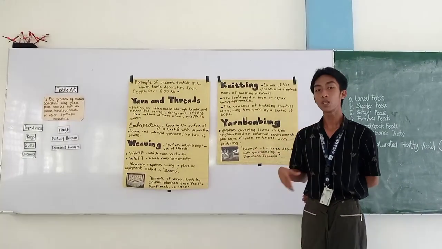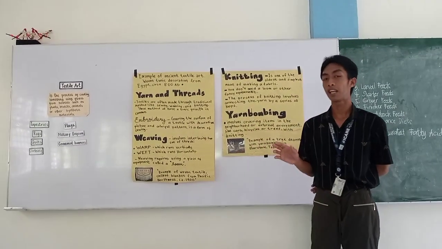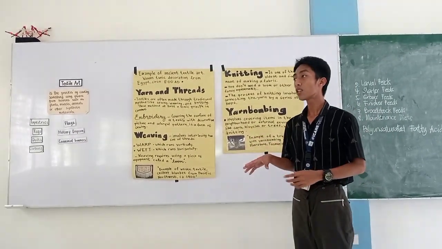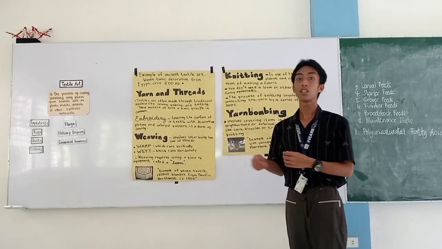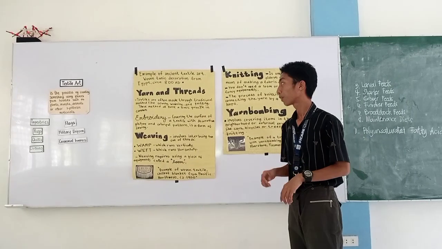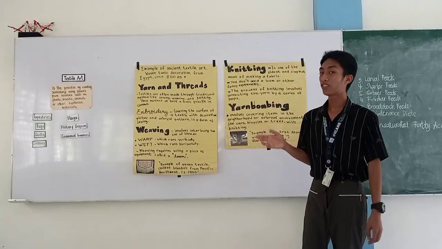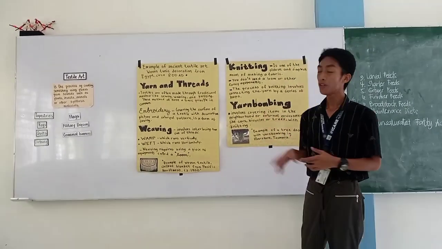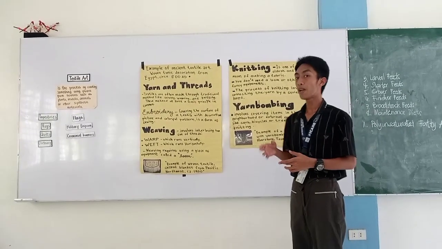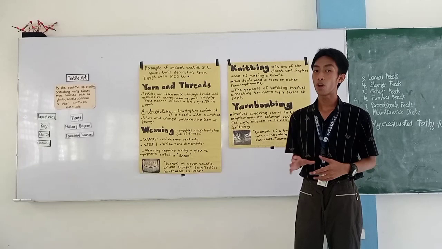Commonly we see these kinds of textiles in tailor shops, which do sewing of cloths and other stuff. Yarn and threads are textiles often made through a traditional method like sewing, weaving, and knitting. These methods all have basic principles in common.